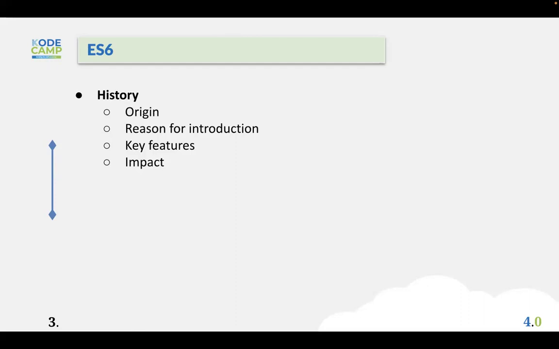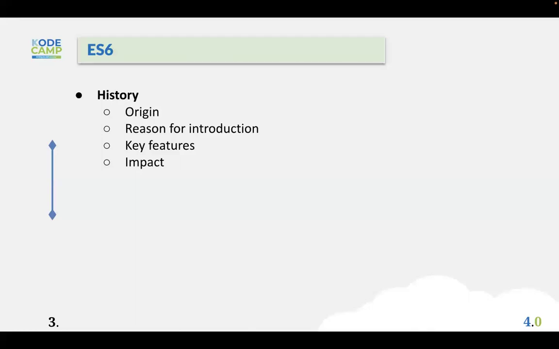So ES6 was introduced to address these limitations and bring JavaScript up to the level of modern programming languages like C++, Java, and so on. Those were the reasons why they introduced ES6.